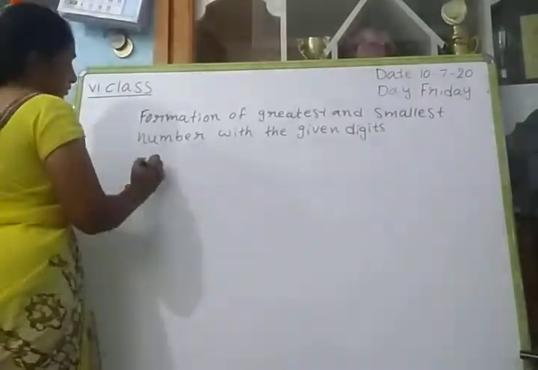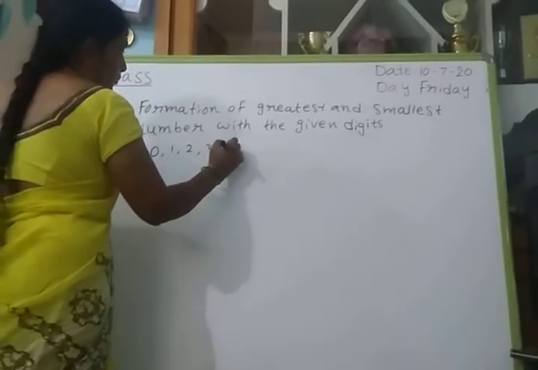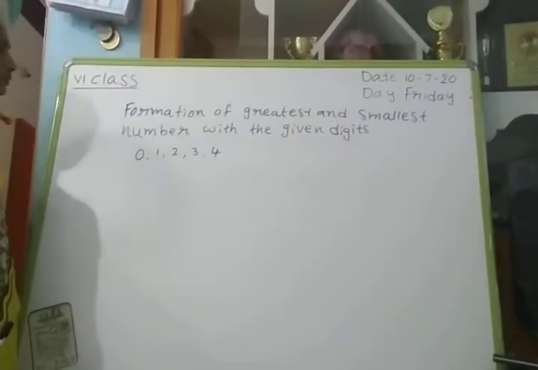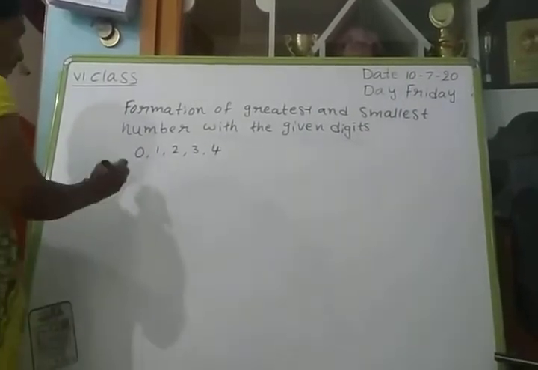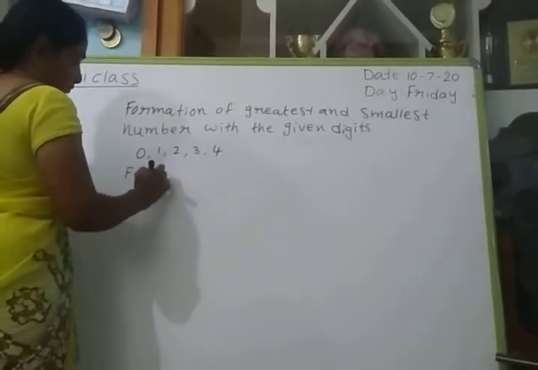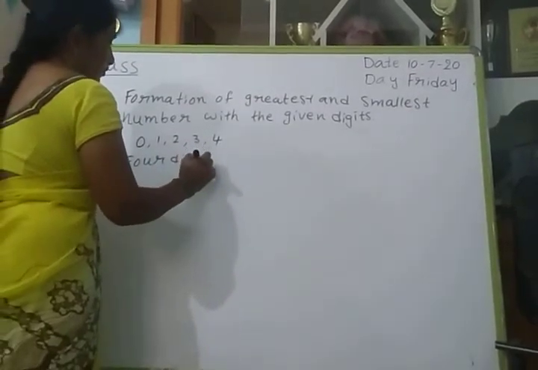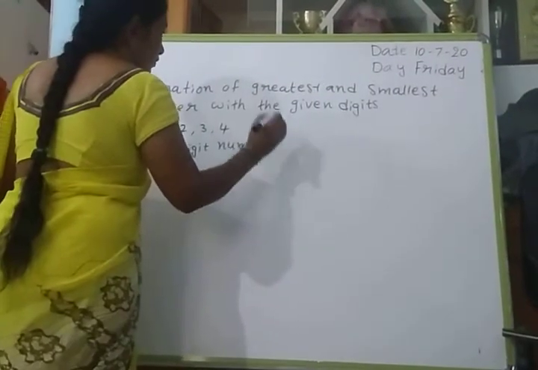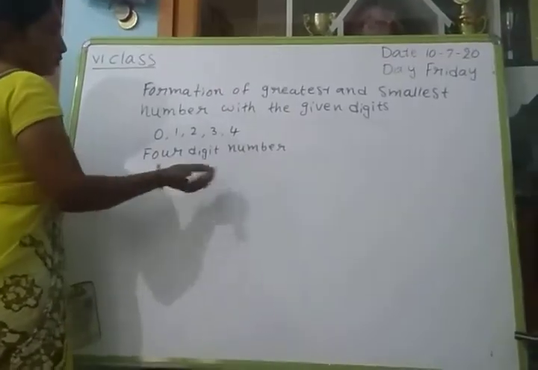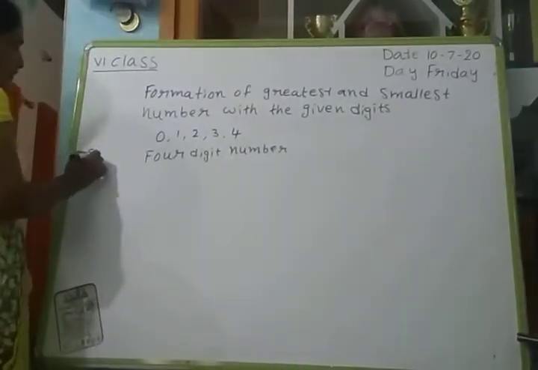For example, if you take 0, 1, 2, 3, 4, by using these digits we have to form the greatest 4-digit number and the smallest 4-digit number.